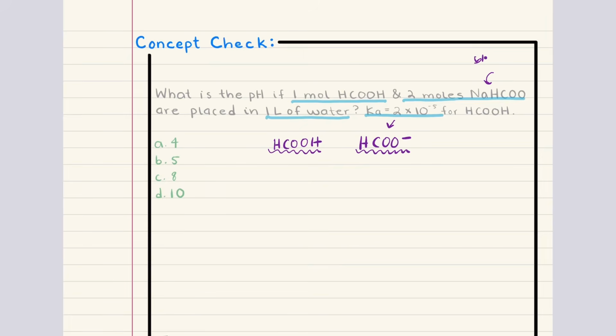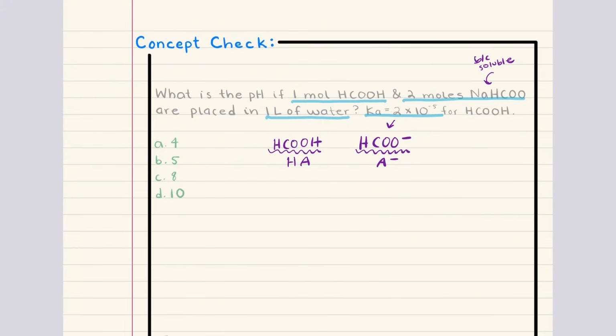So having both HA and A with a minus 1 charge, these are our general forms for a weak acid and its conjugate base, having those in the same solution is the hallmark of a buffer. So we use the weak acid buffer relation.